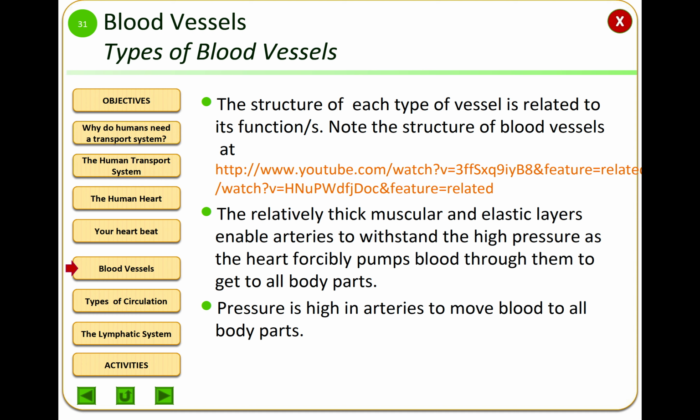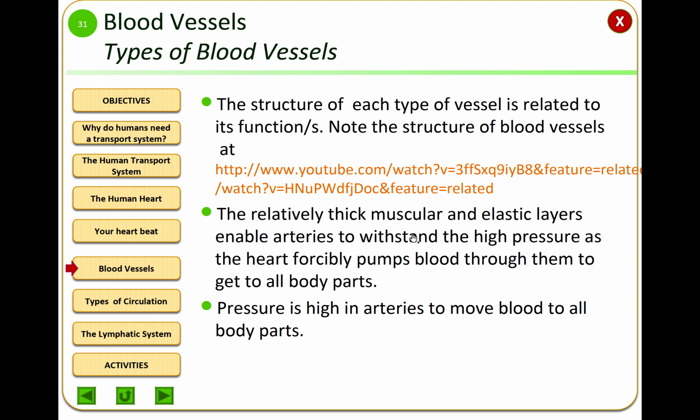Each blood vessel has a special structure, which gives it a special function. You can also see the structures of those vessels through this link.